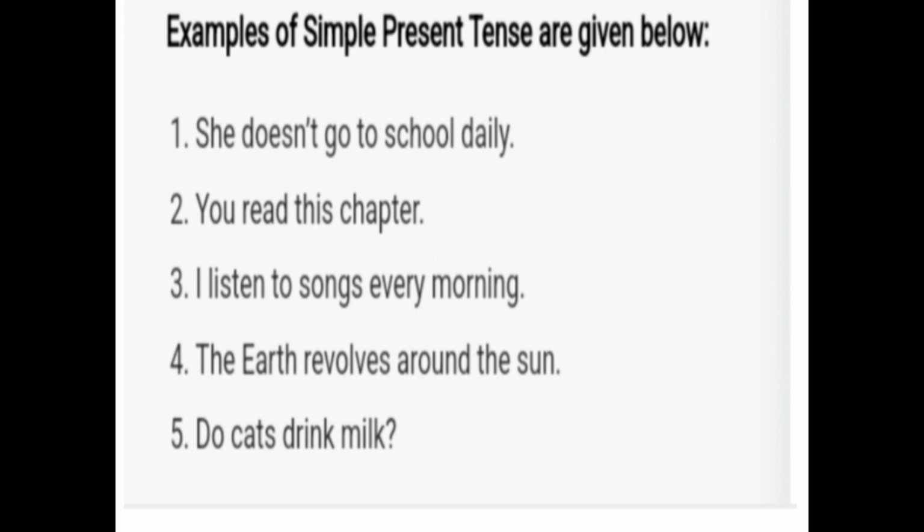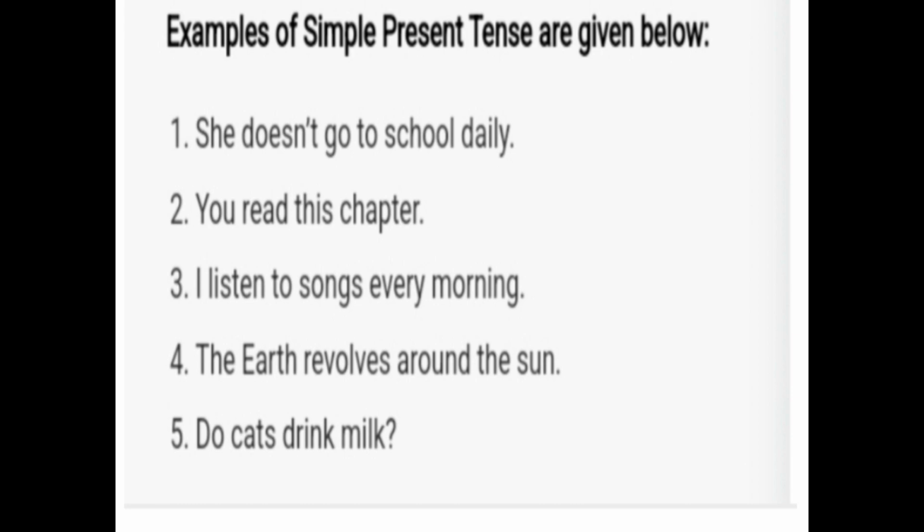Here, go is the base form, V1. The verb here is go. But when we have the modal do form after the subject, the verb becomes V1. That you must remember. She does not go to school daily.